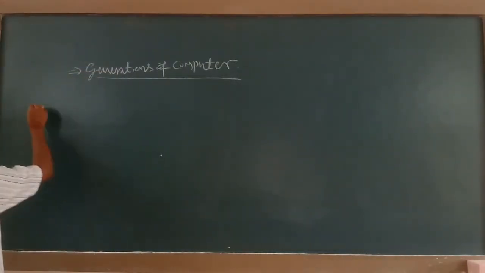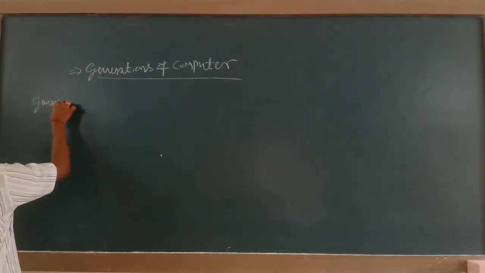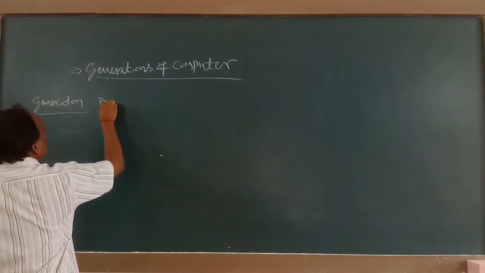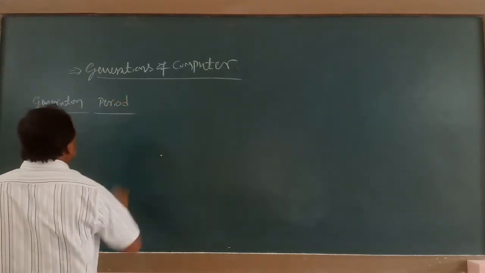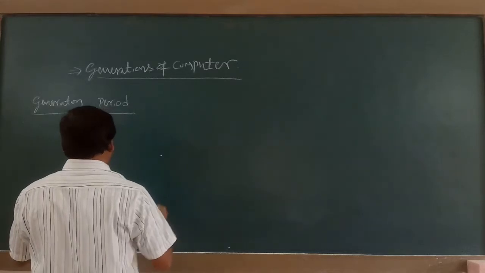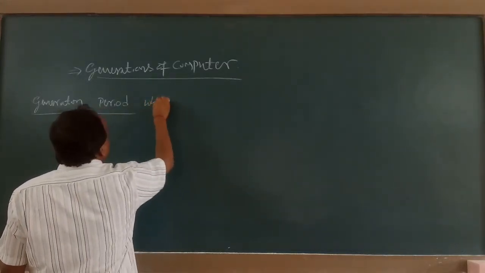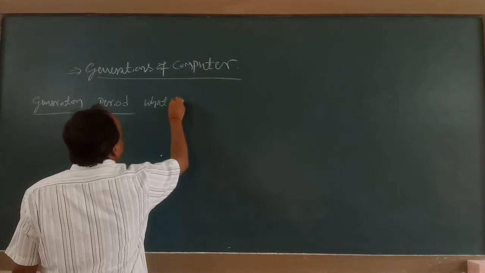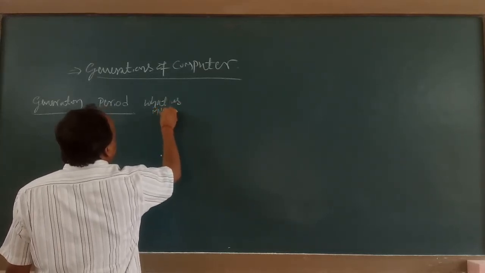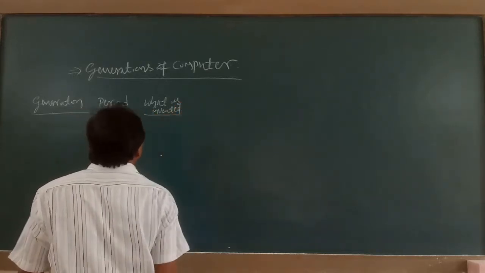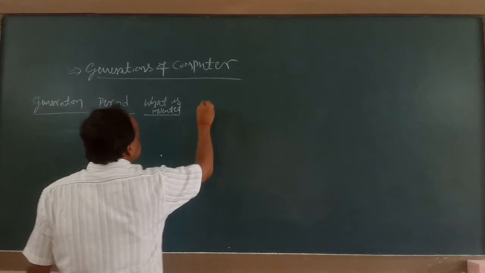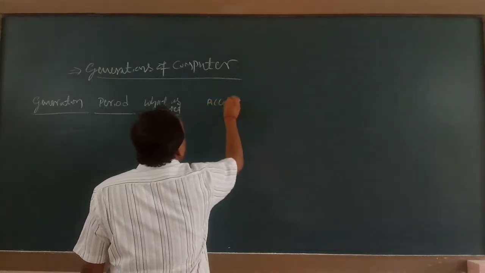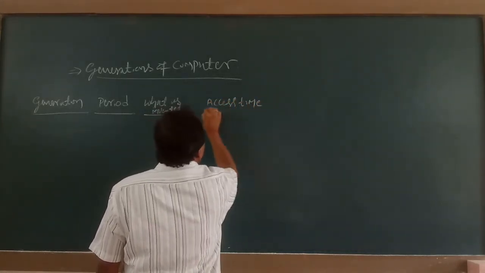First one is generation. Next one is period. What is invented. Next, access time.